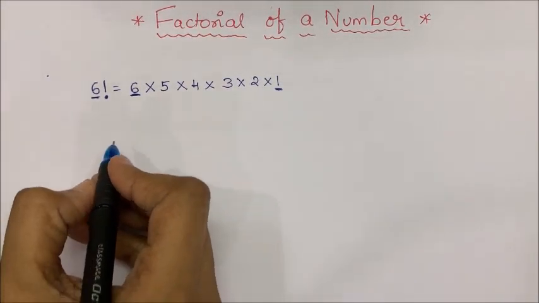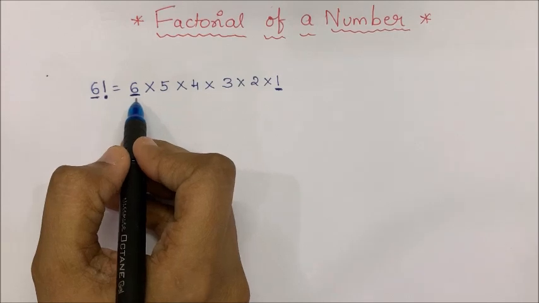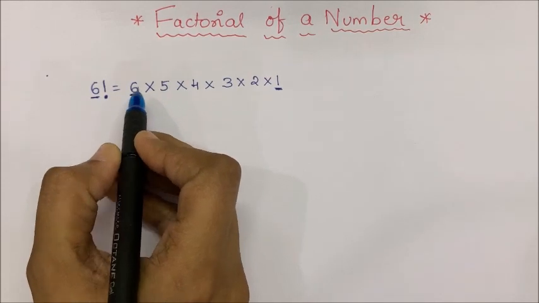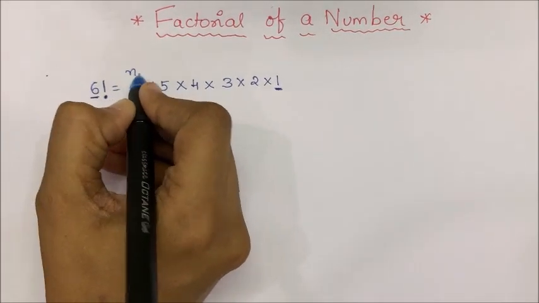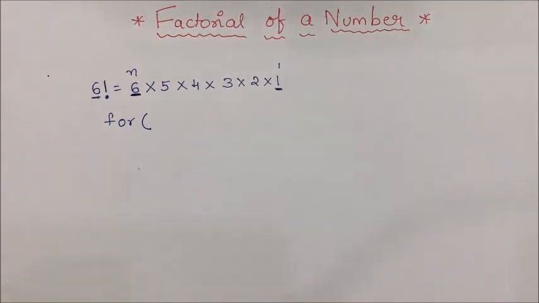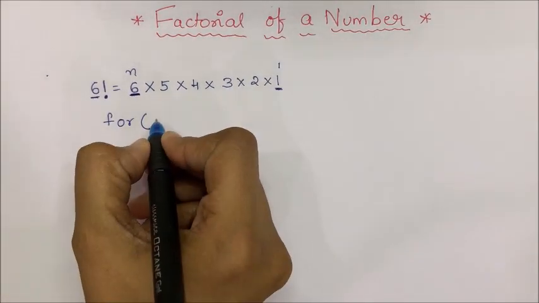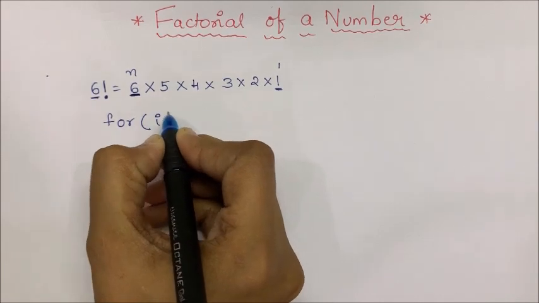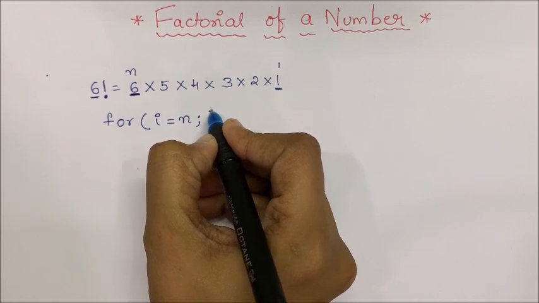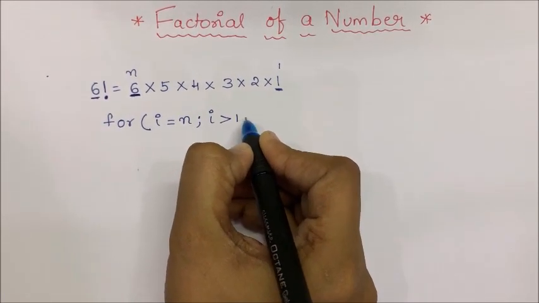So here, as we are multiplying the values starting from 6, or from n, to 1, I am writing a for loop. For I is equal to n, till 1.